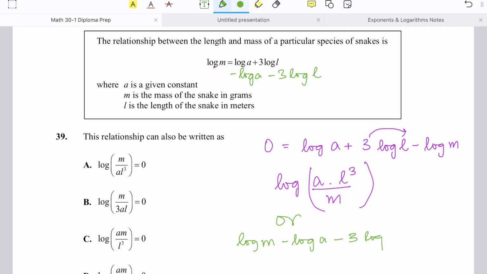So it'll be log of m divided by a times l cubed, and that's equal to 0, which is option A. Basically the reverse of what we did.